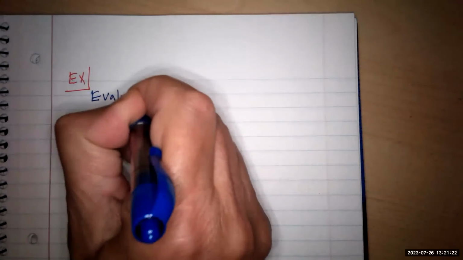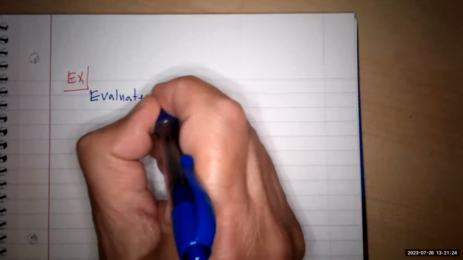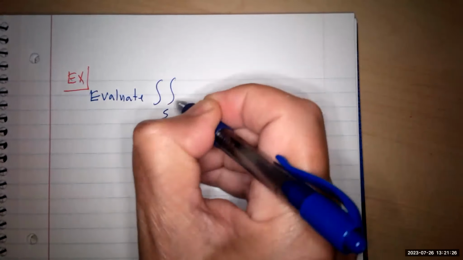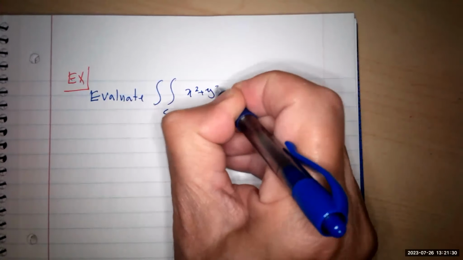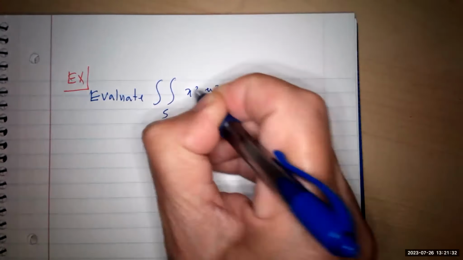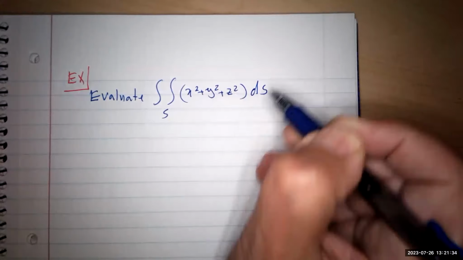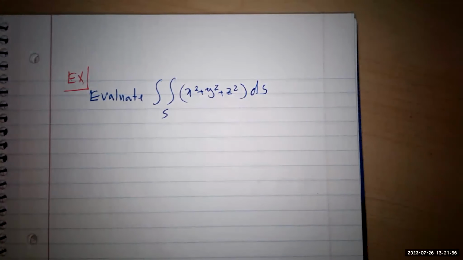So let's evaluate this integral. Evaluate the surface integral of x squared plus y squared plus z squared ds. Okay, that's going to be the case. Now, what's the surface?